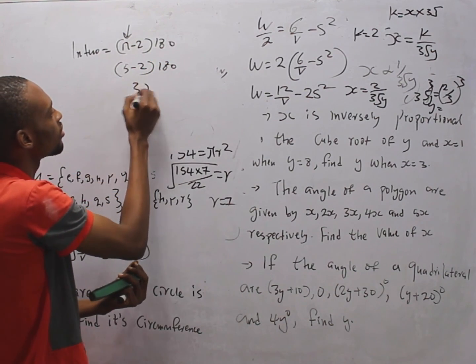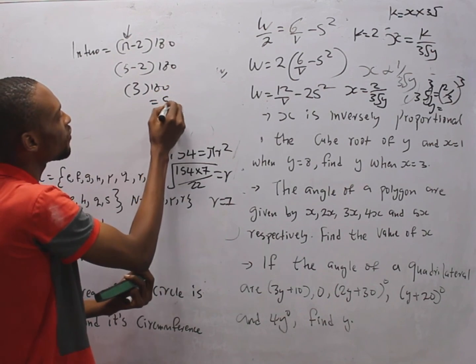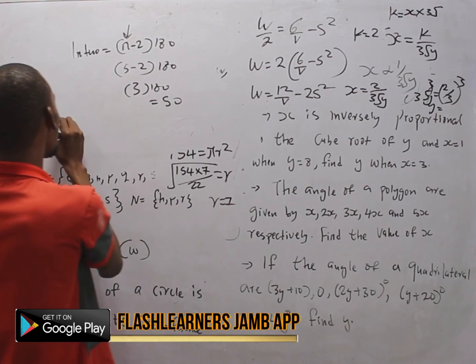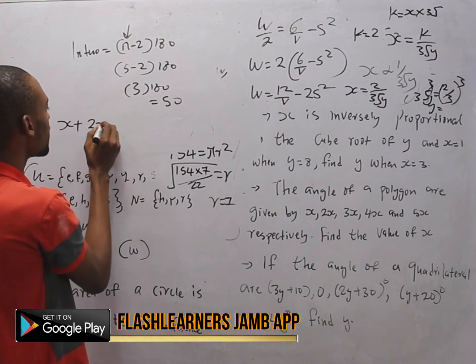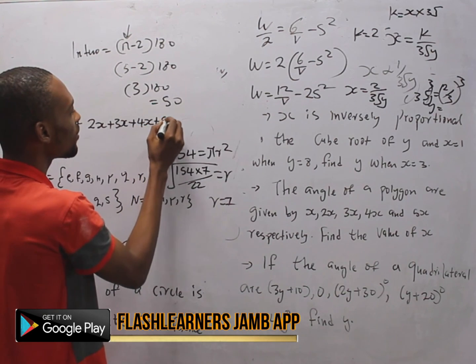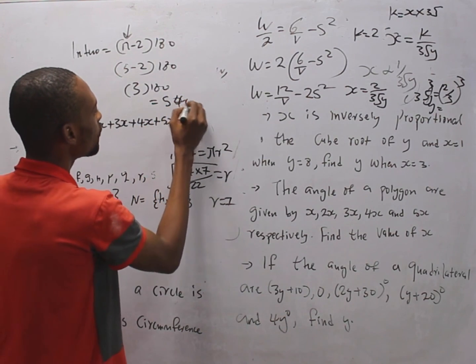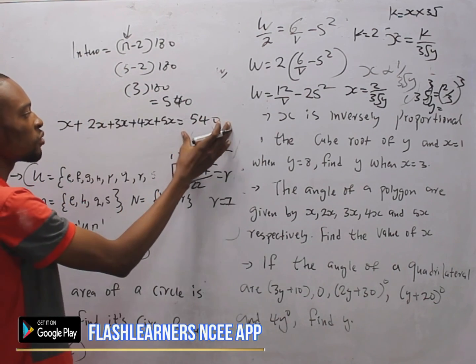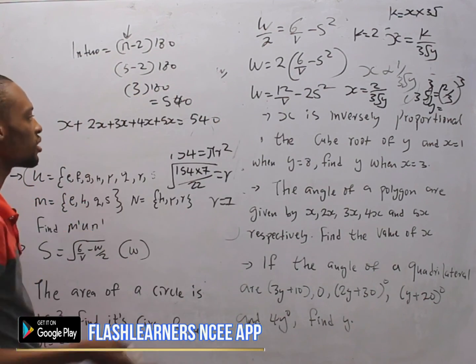That is 3 times 180, which is equal to 540. This implies that the sum of the angles, S plus 2S plus 3S plus 4S plus 5S, is equal to 540. So add all the values of S, equate it to 540, then you get your answer.